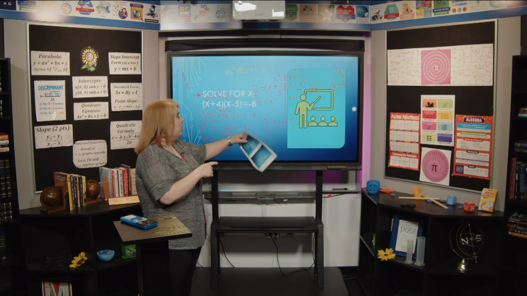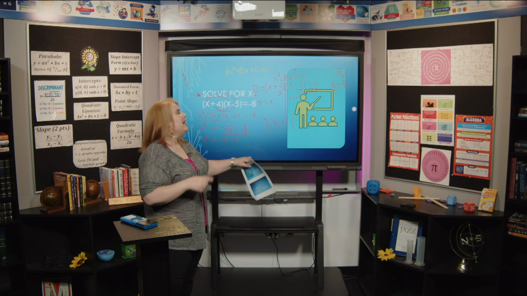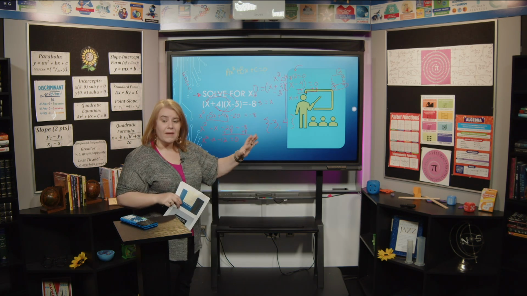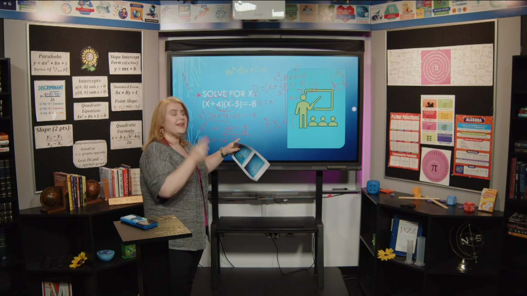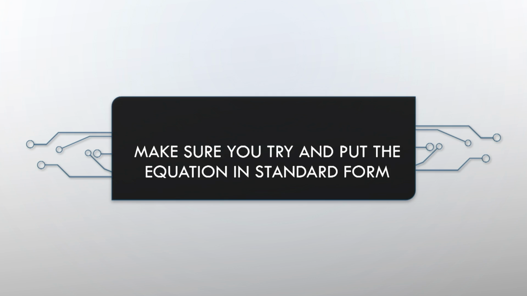Check yours, check mine, and see if you got -3, 4. Good job. Now make sure that you always put all of my factors of whatever problem I'm working equal to 0. Because I may have 3 numbers, I may have 4 numbers. You always want to make sure you're putting every single factor of that polynomial equal to 0. Good job.